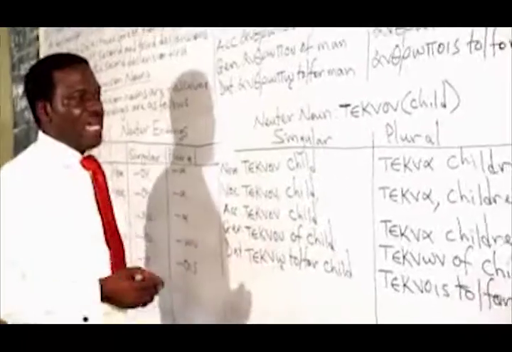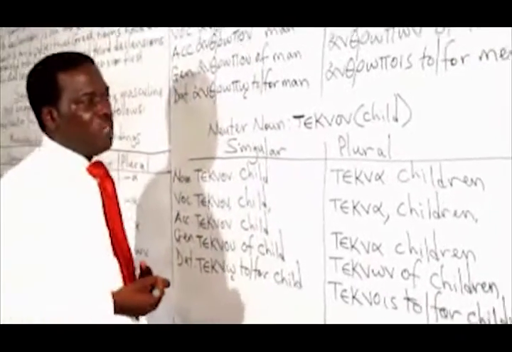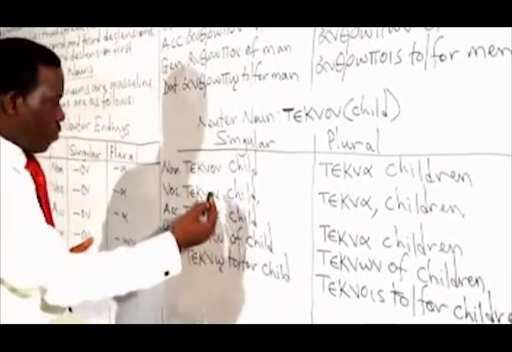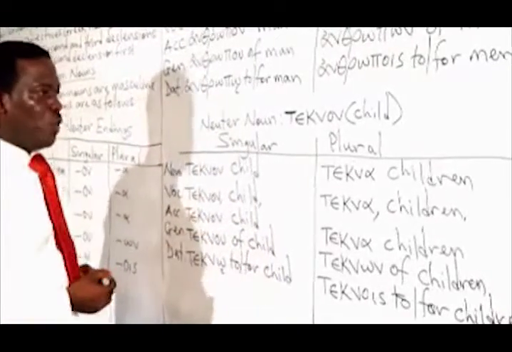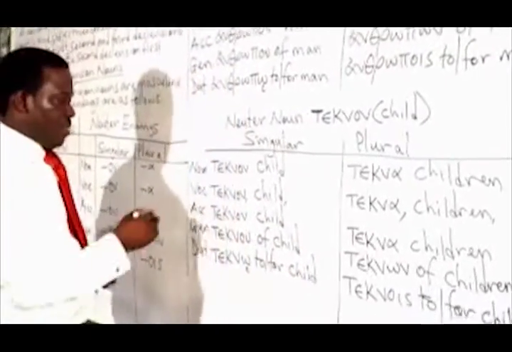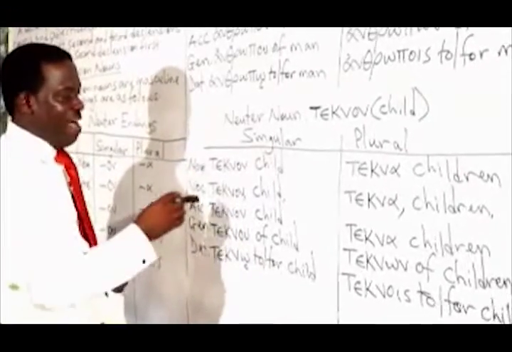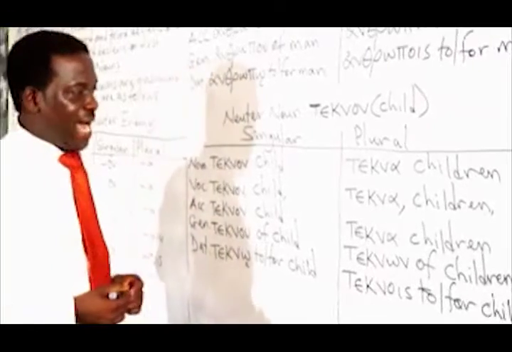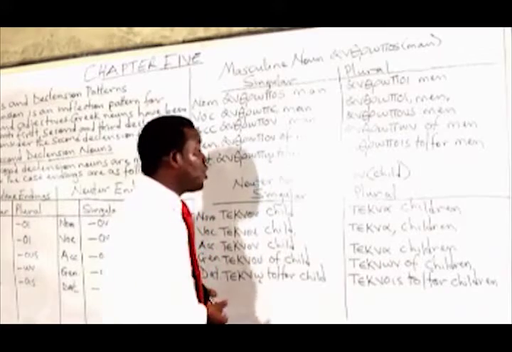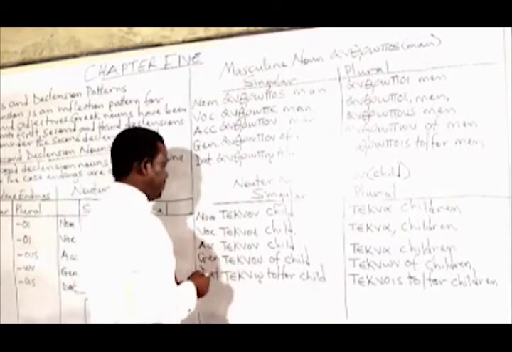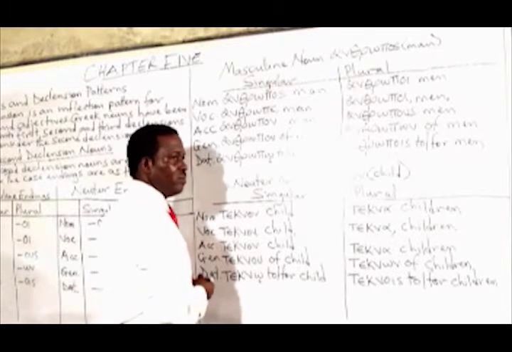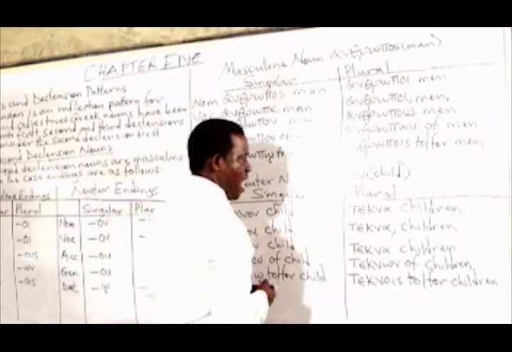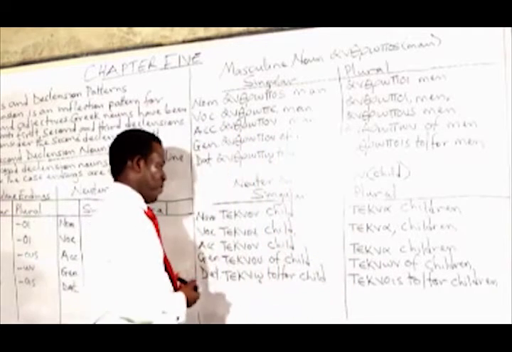We come to the neuter noun. The Greek word teknon, which means child. See how the neuter endings are used with the neuter noun. Nominative singular, we have teknon, which means child. The plural is tekna, which means children. In the vocative, we have teknon, for expressing address, child. Then in the plural, tekna, children.